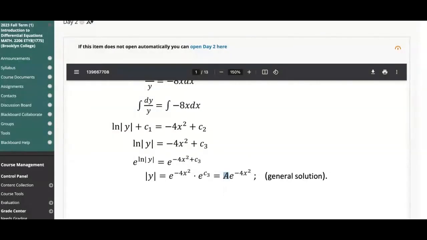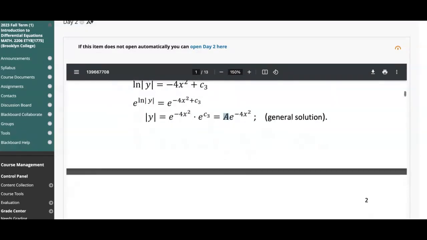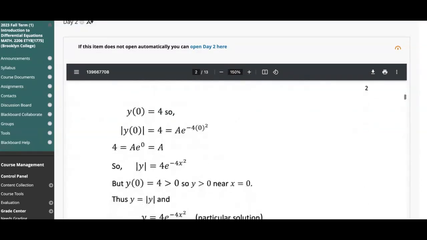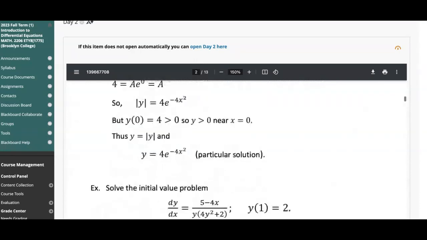Well, this A is e to the C3, or e to the C, e to a constant. So e is a number, C is a number, so e to the C3 is a number, so we just use A to represent it. Okay. Great. Thank you. You're welcome. Any other questions?